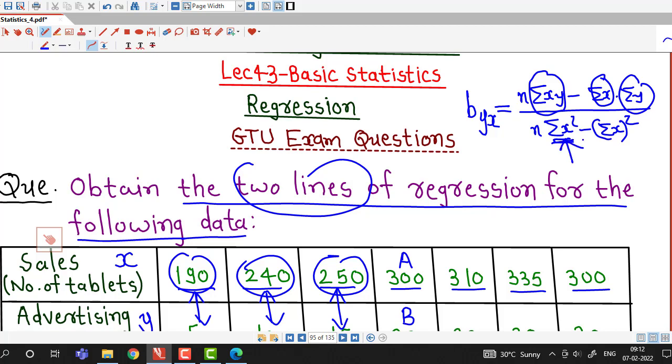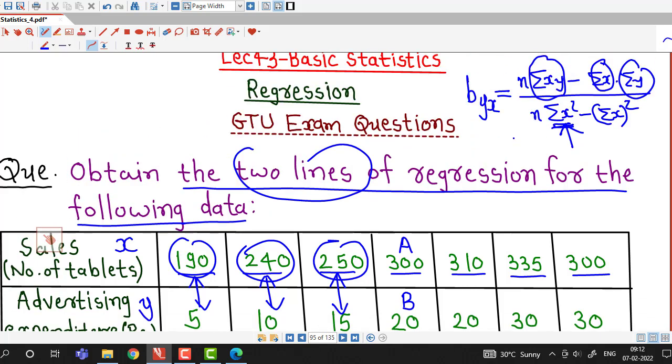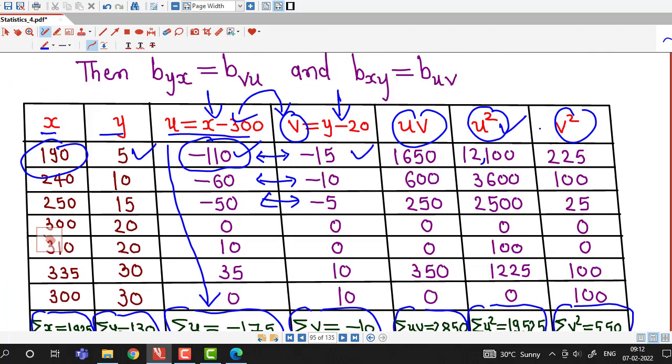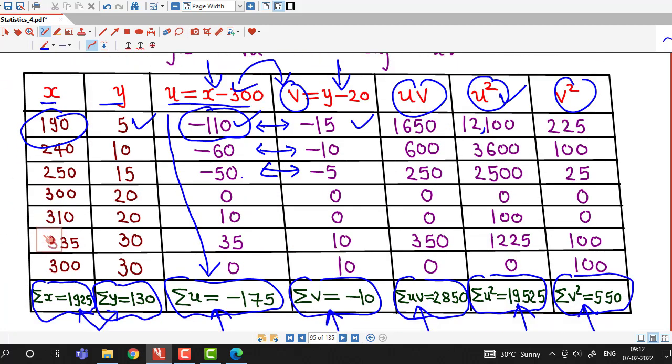So that is the reason why we are changing the origin. You can compare these x values with u values. U values are minus 110, minus 60, minus 50, 0, 10, 35, 0. So these values are small as compared to x values. Similarly, y values you can compare with original values. In this we obtain 0 also.